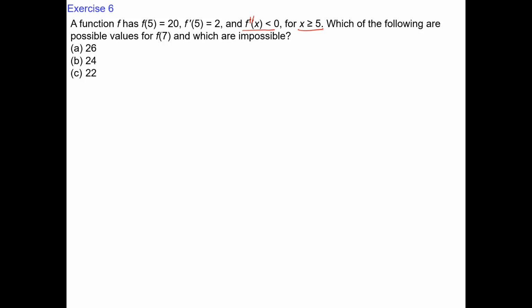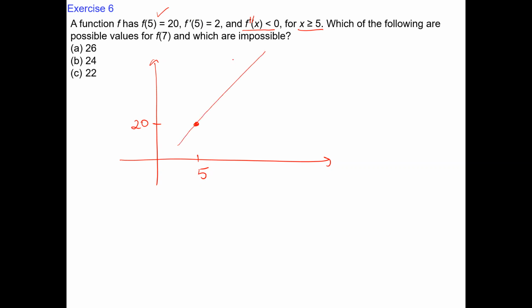Okay, so we have a couple of pieces of information. I can try to draw the situation. We have the value 5, and the value there is 20. F prime at 5 is 2. This means that the slope of the tangent line at 5 is 2.